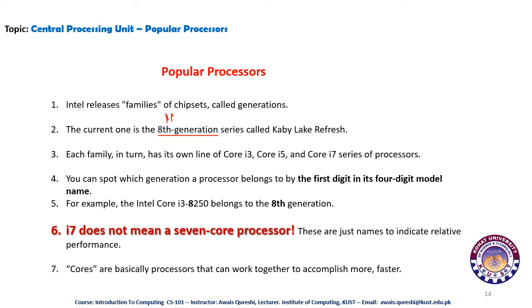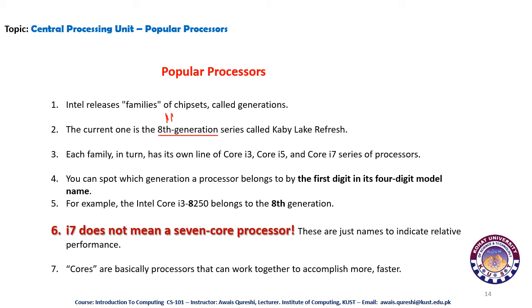Each family in turn has its own line of Core i3, Core i5, and Core i7 series of processors. This means that the Core i3, Core i5, and Core i7 series of processors have an 8th generation. Similarly, there are the 9th generation, 10th generation, and the latest generation, the 11th generation processors. We can spot which generation a processor belongs to by the first digit in its 4-digit model name.